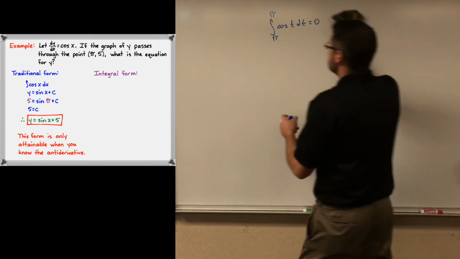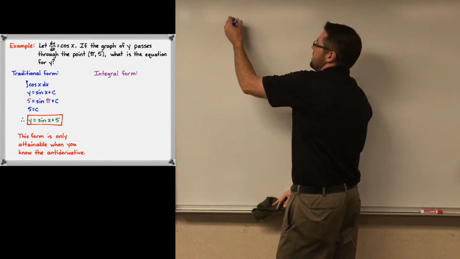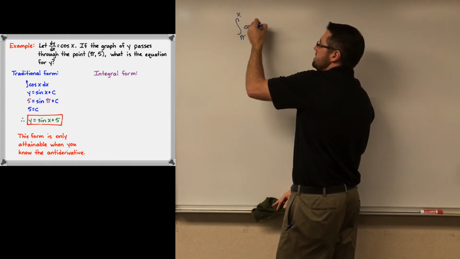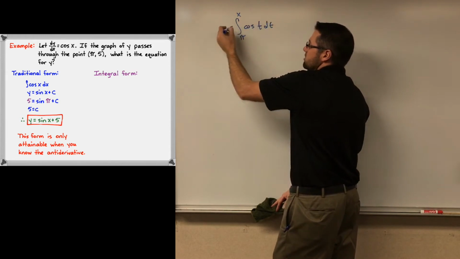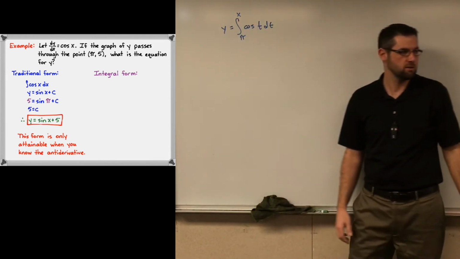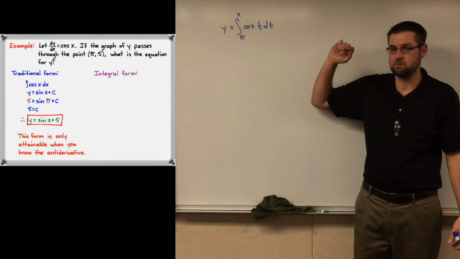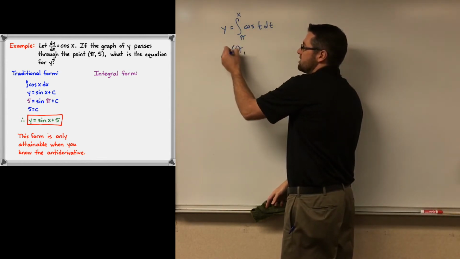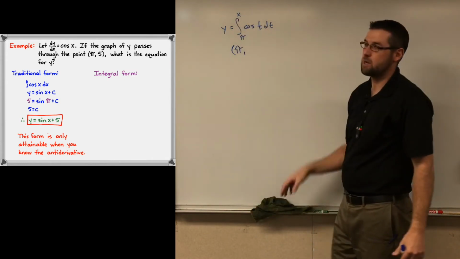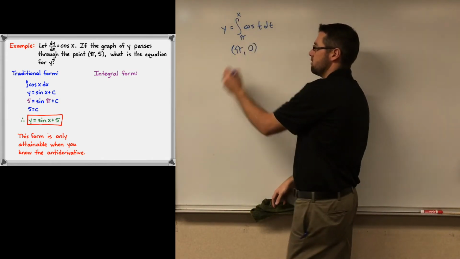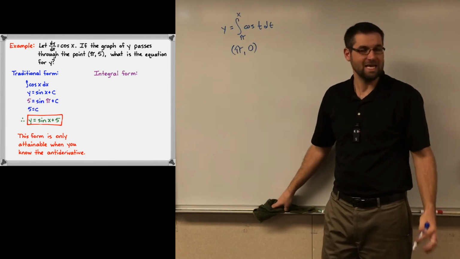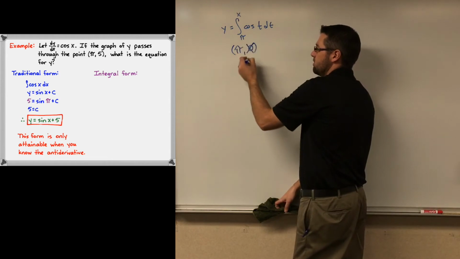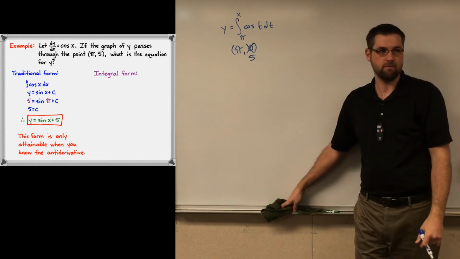Let's say I've got the integral from pi to x of cosine of t dt. Let's say that is my equation. The lower bound is pi, the upper bound is x. If I say the initial condition is pi comma something, when I plug pi into x, what kind of answer am I going to get? 0. You guys okay with that? Did I want that? No. I want the answer to be 5.